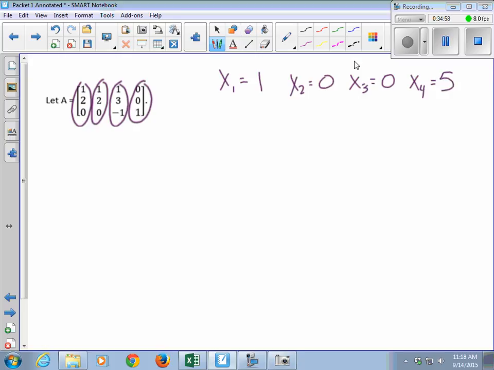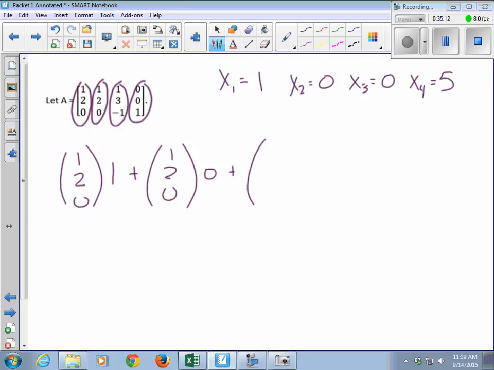Okay, so let's put those weights on those columns and see if we actually get 1, 2, 7. So I have 1, 2, 0 times 1 plus 1, 2, 0 times 0 plus 1, 3, negative 1 times 0 plus 0, 0, 1 times 5.